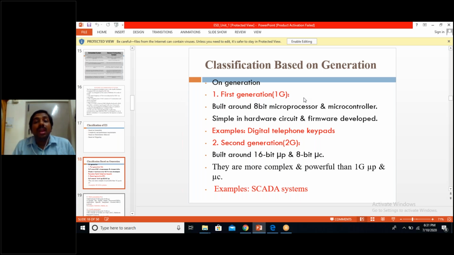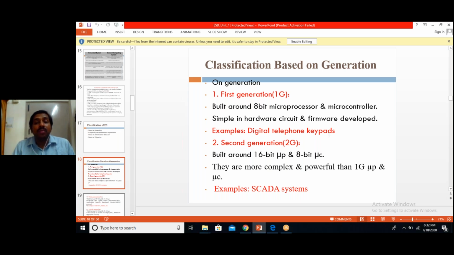What is the generation? Generation is decided based upon the hardware used. First generation embedded systems are built around 8-bit microprocessors and microcontrollers, with simple hardware and firmware. The best example is digital telephone keypads.